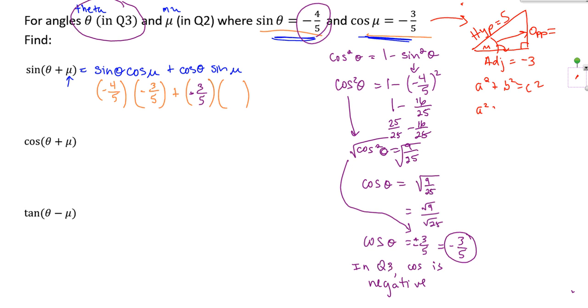Gotta stick with the ABCs, put them in order. In this case, a is negative 3, squared, plus b squared equals c squared. Oops, I know what c is. Gosh, I'm tired. Imagine that. Okay, a squared plus b squared equals 5 squared. There we go. C squared, just kidding.